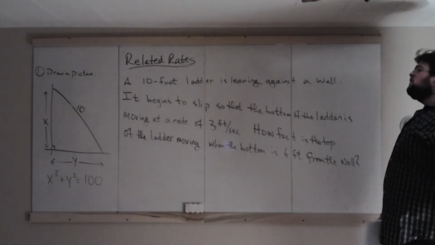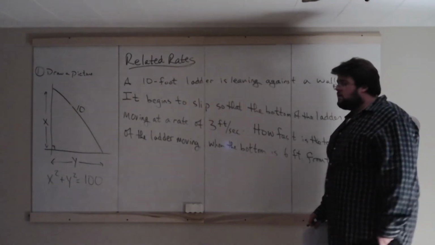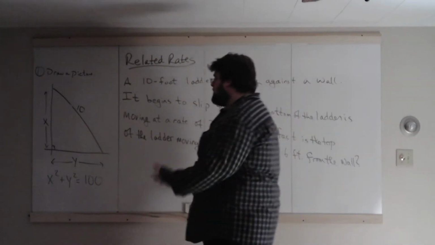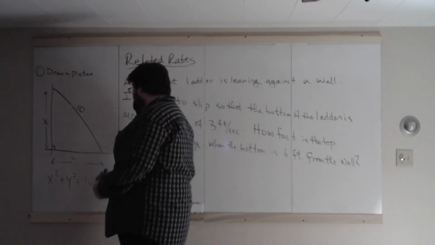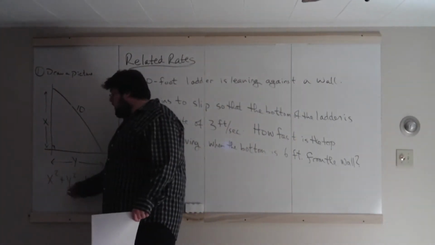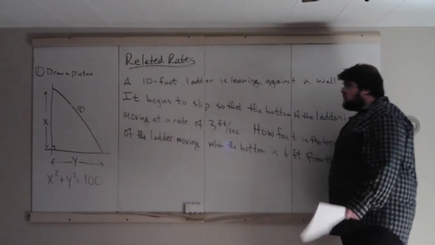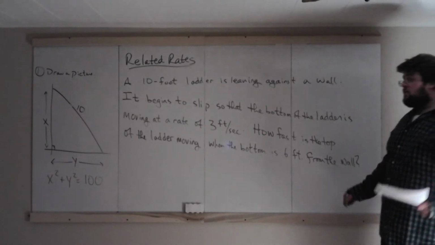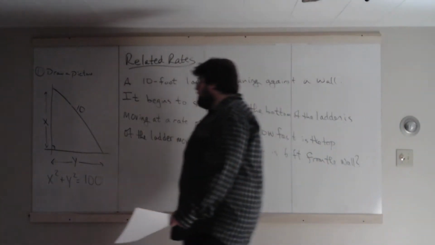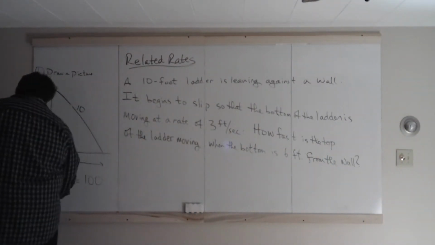Now, one observation to make, I said this before, but now that we have the equation, let's also make the observation. X and y are changing as time is changing. X and y are functions of time. So let's write that down just as an observation here.